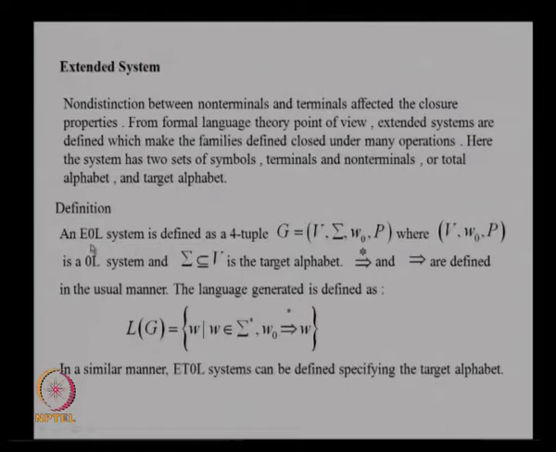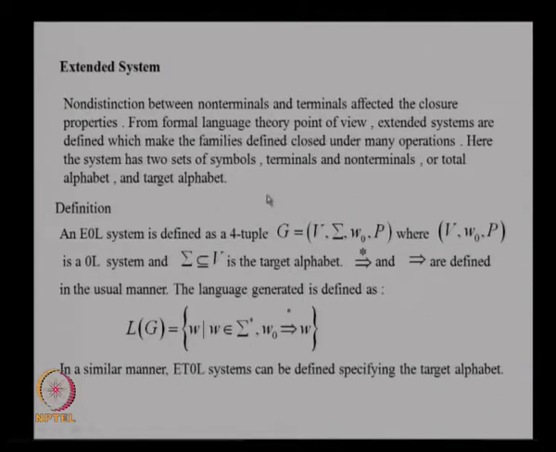So, an E0L system, or extended 0L system, is defined as a 4-tuple: V, the total alphabet; sigma, the target alphabet, which is a subset of V; an axiom W naught; and a set of productions P. Similar derivation steps are defined.